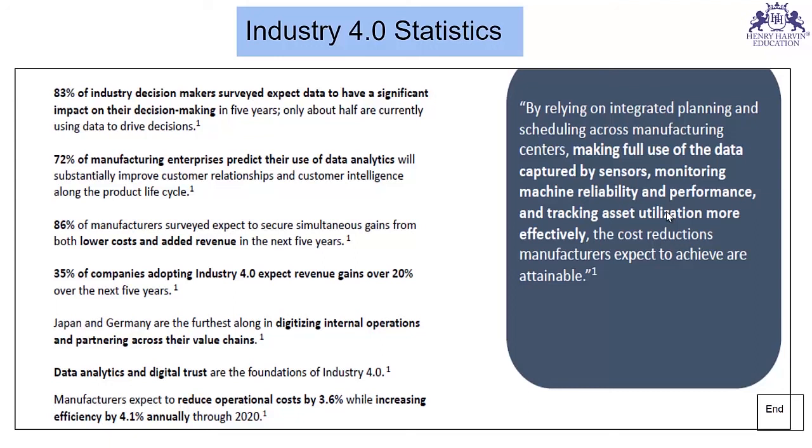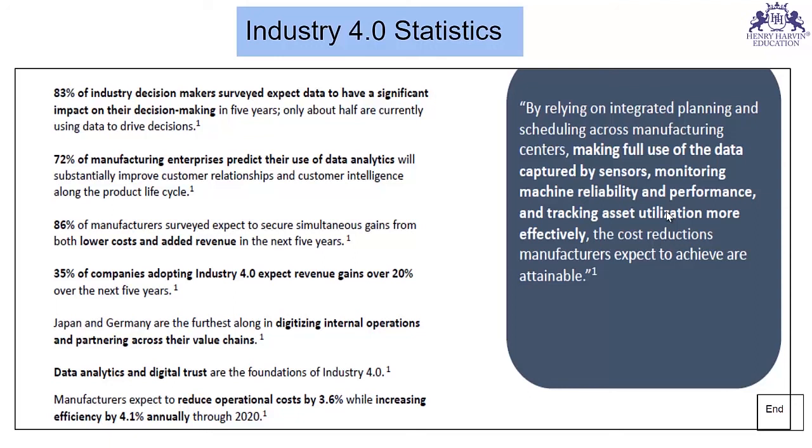35% of the companies adopting Industry 4 expect revenue gains. So this is a huge expectation, because I think in companies there's cost cutting, there is downsizing, and we need automation, and this is what Industry 4 is going to do for them. And the two countries which have been heavy users of this concept are Japan and Germany here.